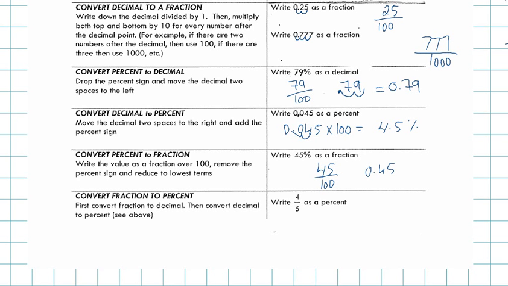What do you do if you're going from a fraction to a percentage? Put it into a decimal. That's right. First, you have to convert the fraction into a decimal. Okay? So you have to enter that on the calculator. What's 4 over 5? And then multiply by 100 to get your percentage.